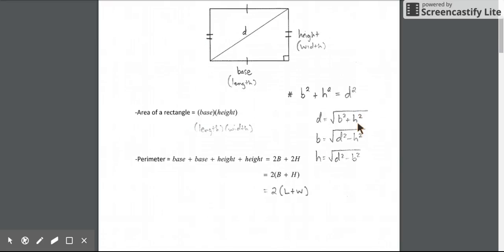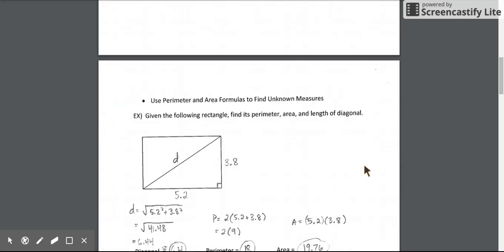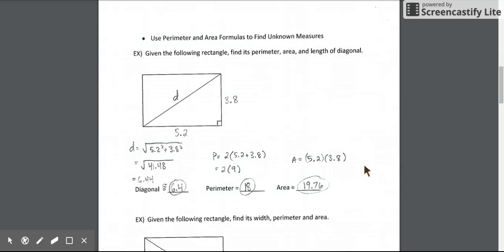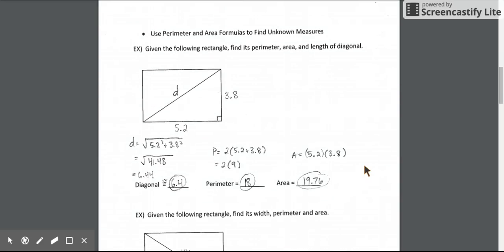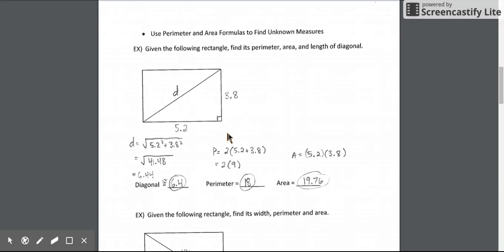Either way, though, these are just your Pythagorean theorem equations. So let's find perimeter and area in these examples. In this example, we're given the base, we're given the height. So we could find the perimeter by using our perimeter formula, add up the base and height, and then double it. So 5.2 plus 3.8 is 9.